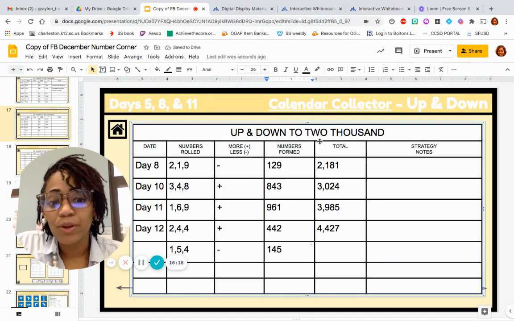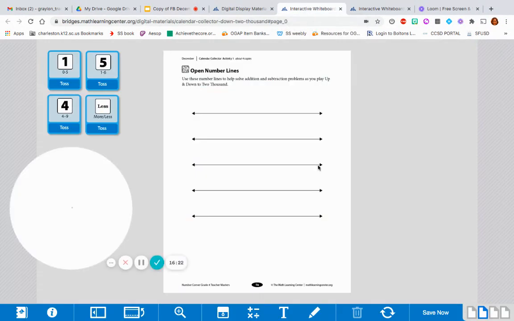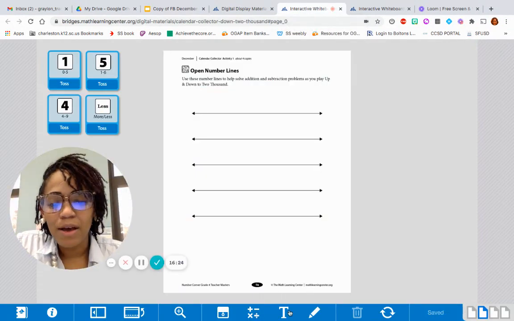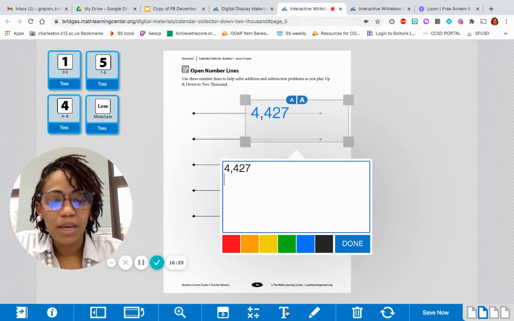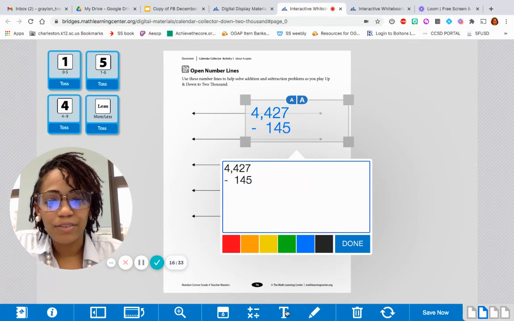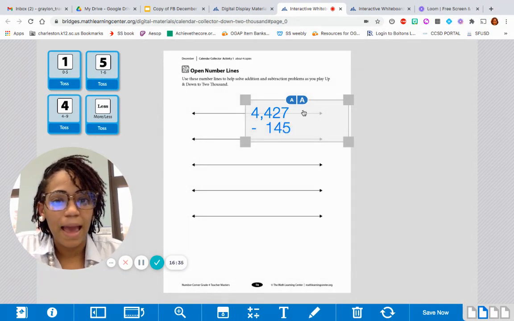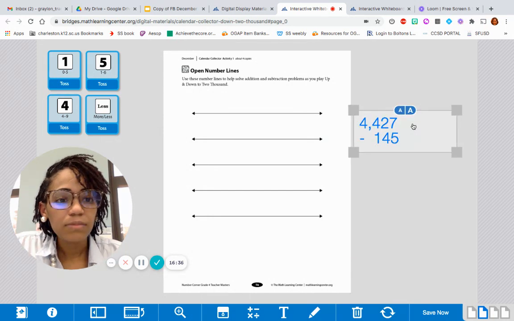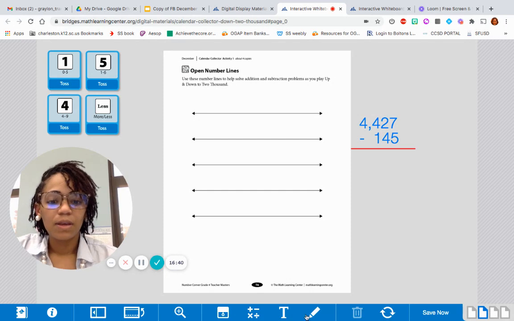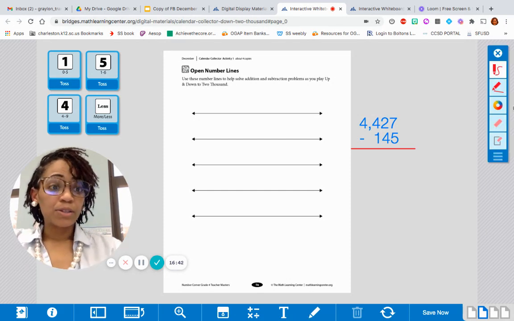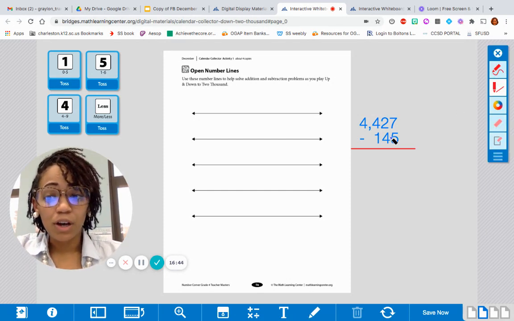And let's subtract 4,427 minus 145. 4,427. We are subtracting 145. Let's make it happen. Okay, hopefully you pause so you can solve it on your own. And if not, we're going to talk through it really quickly. And then we're done for today.